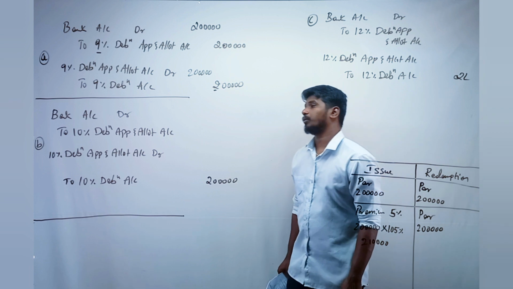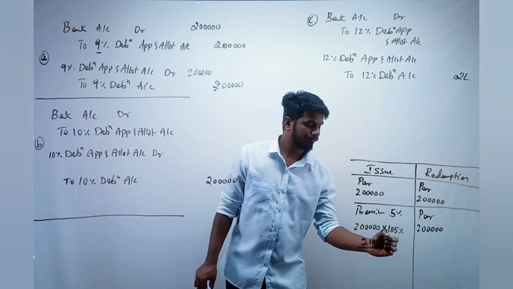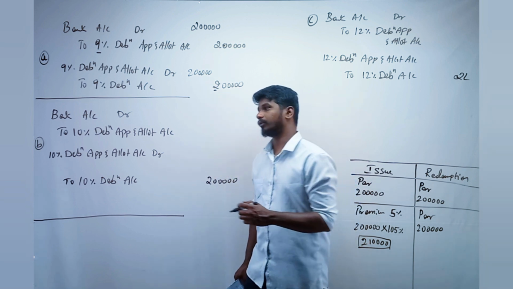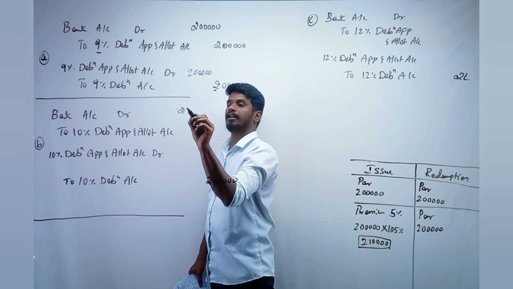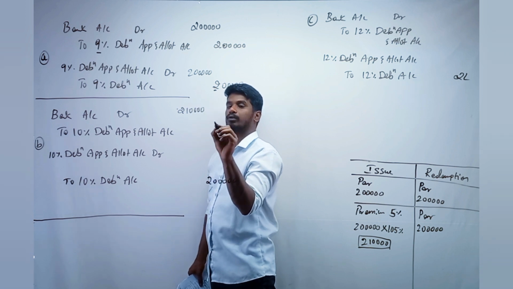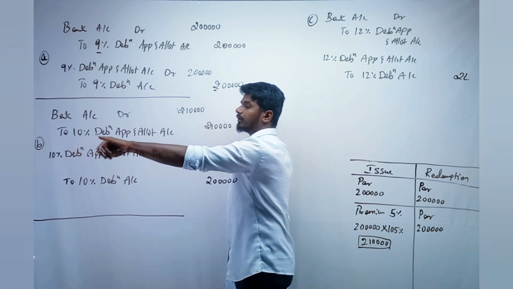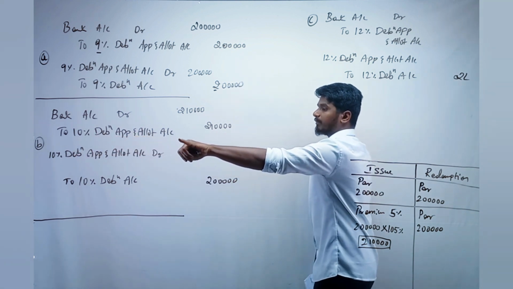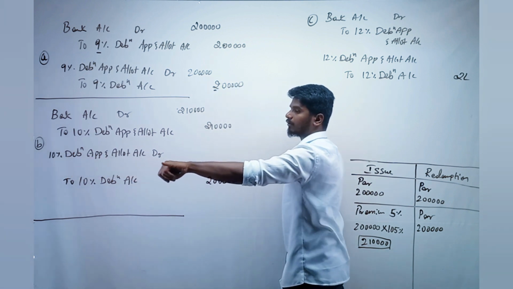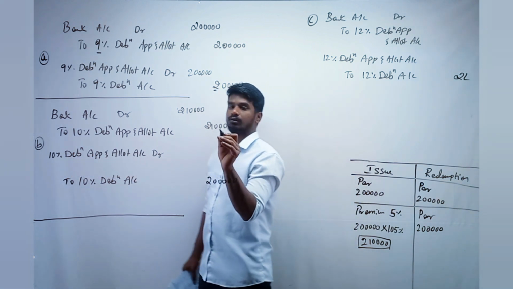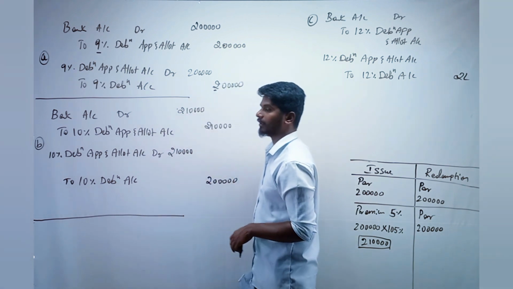So now we will receive in bank rupees 2 lakh 10,000, straight away in bank 2 lakh 10,000. Here to 10% debenture application allotment money, we have reversed that 10% debenture application allotment account, debited that. So write the same amount, 2 lakh 10,000.